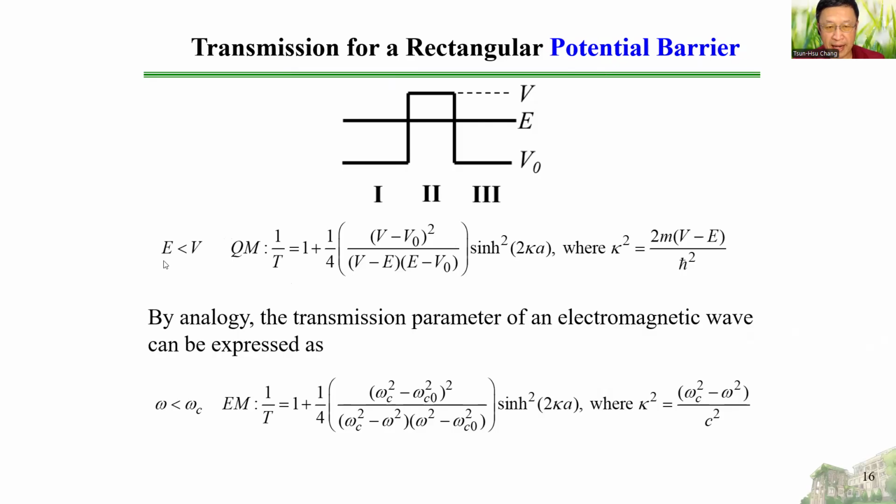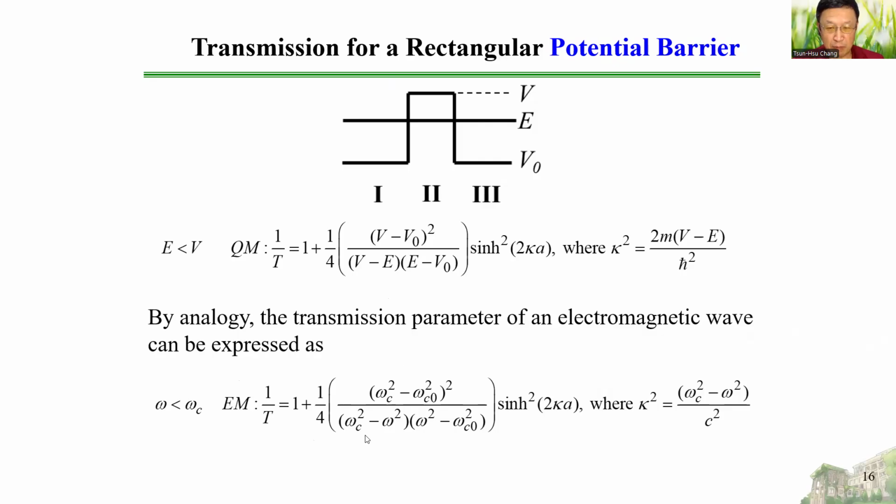And for quantum mechanics, energy is less than V. Quantum mechanics, transmission coefficient T, 1 over T is shown here. And kappa squared happens to be 2m times V minus E over h bar squared. By analogy, the transmission parameter of an electromagnetic wave can be expressed as this one.